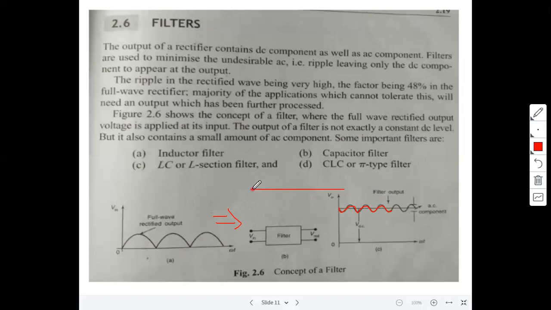There may be light ripples even in the filter output. This signal is given to a regulator circuit. If we pass this filter output to a regulator, a Zener regulator or some other regulator circuit, then the output contains a constant, right?